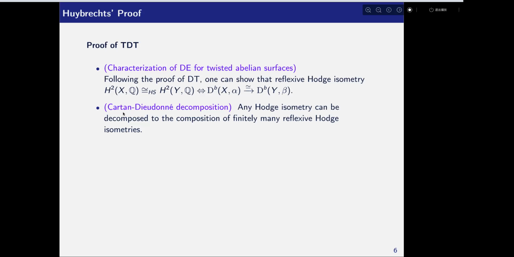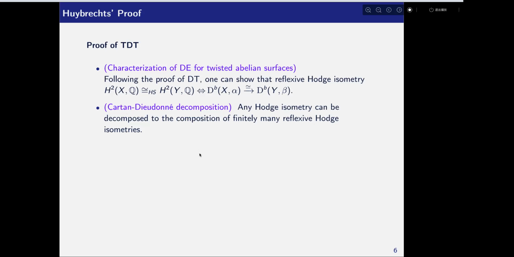the classical Cartan-Dieudonné decomposition, saying that any rational Hodge isometry can be decomposed into a composition of reflexive Hodge isometries. So this basically gives what we want.